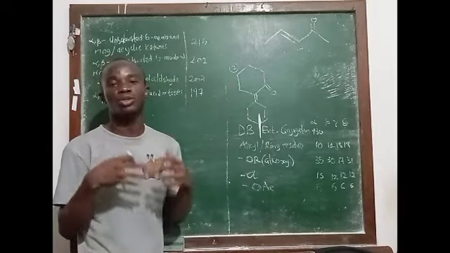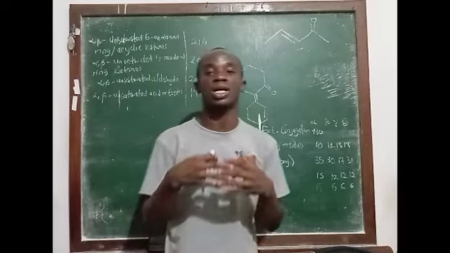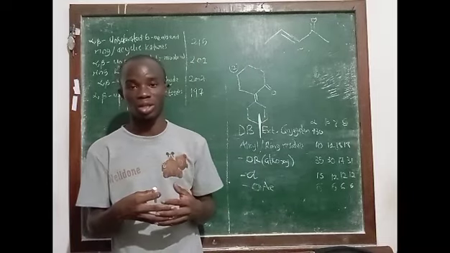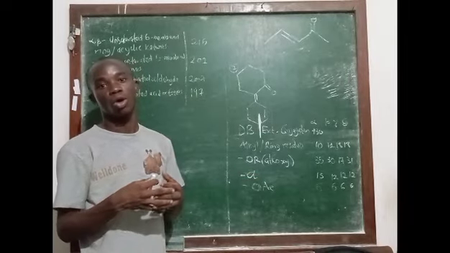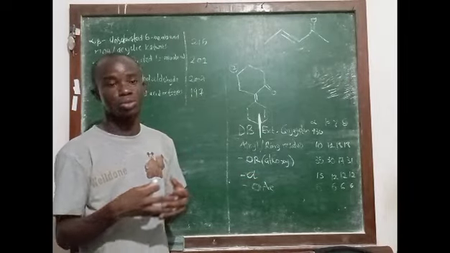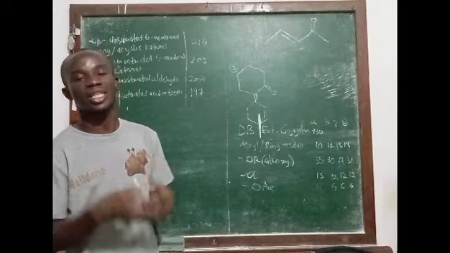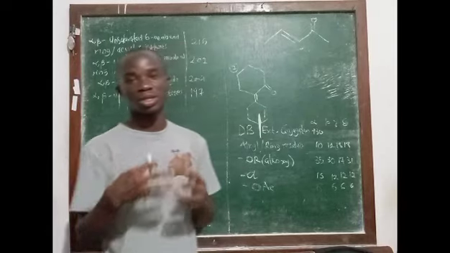So after you have identified the carbons and numbered them with the Greek letters, the next thing is to identify the additions or the auxochromes that are directly attached to the conjugation system.